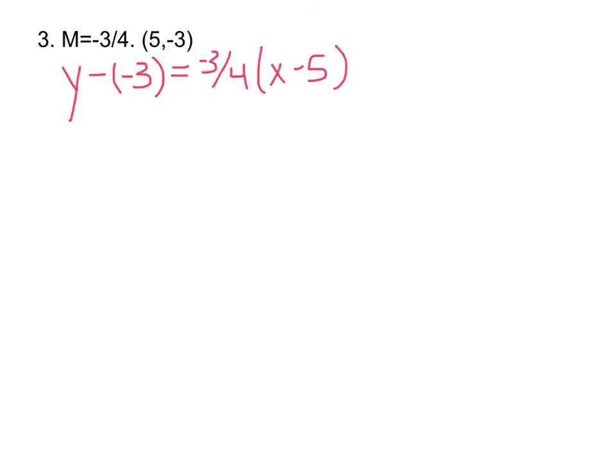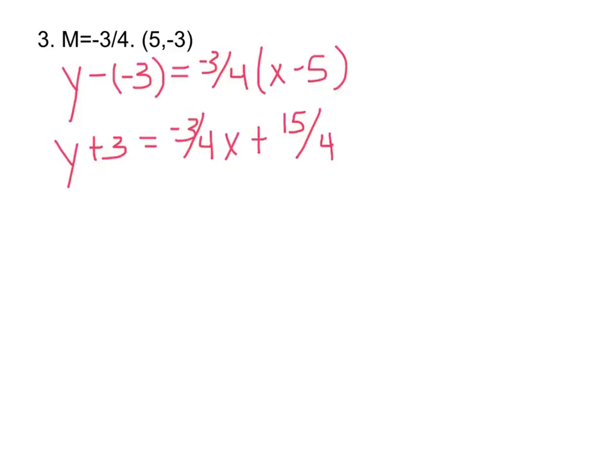So then we are going to distribute, so y minus a negative is going to be the same as saying plus 3 equals -3/4 x. And then -3/4 times -5 is going to give you plus 15/4.